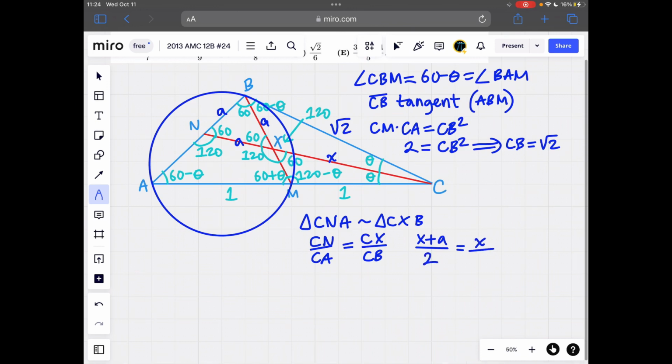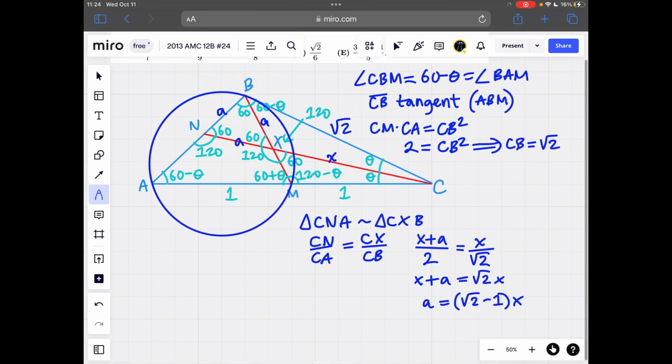CX is just x, and CB is root 2. So if we multiply both the left and right side of this equation by 2, we get x plus a equals root 2 times x. So we can solve for a in terms of x. That's just root 2 x minus x, which is x times root 2 minus 1. So now we know that a is equal to root 2 minus 1 times x.